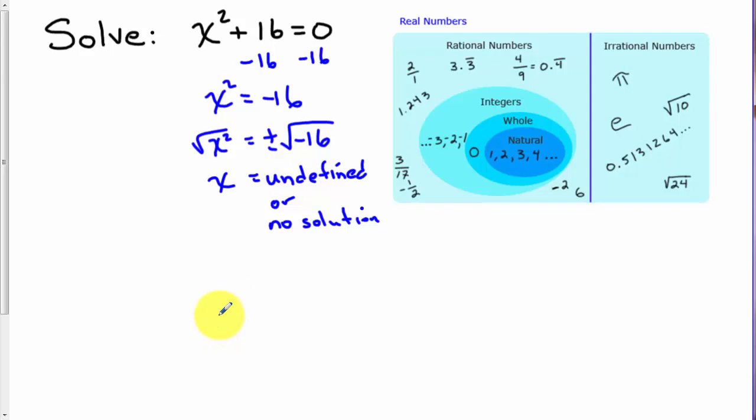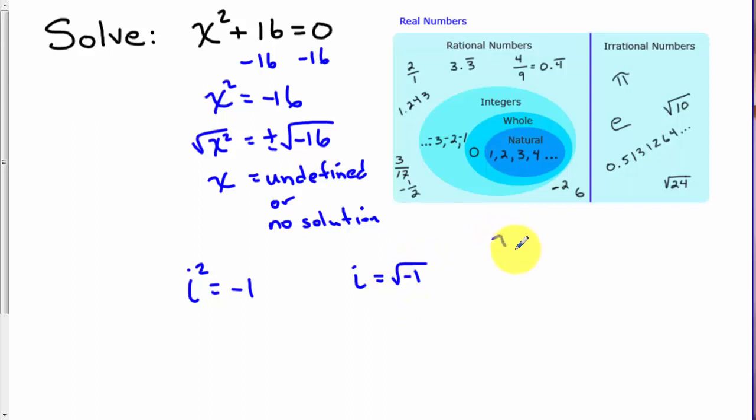So in the late 1500s, a mathematician defined a new number called the imaginary unit, and the property of this imaginary unit is that i squared equals -1, or you could also view it as i equals the square root of -1.